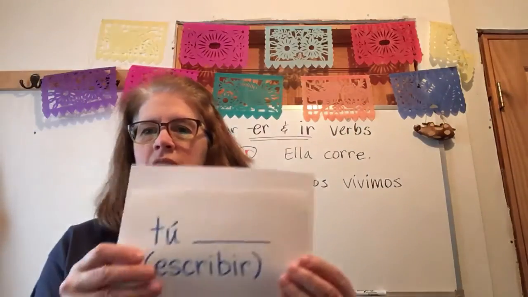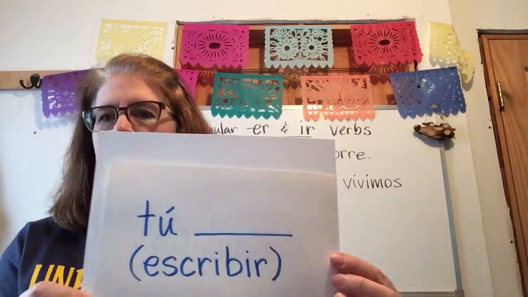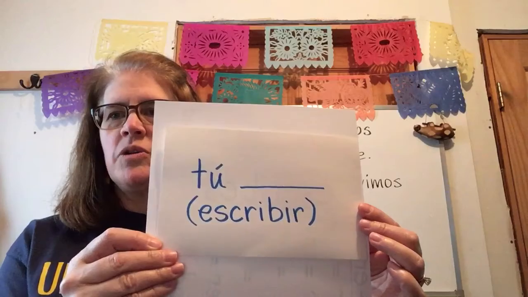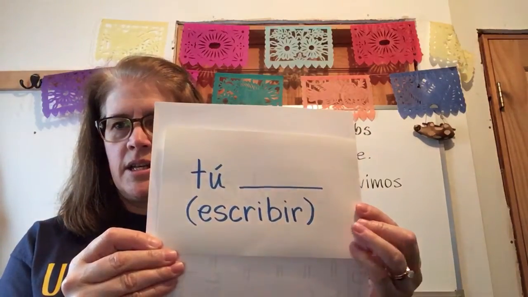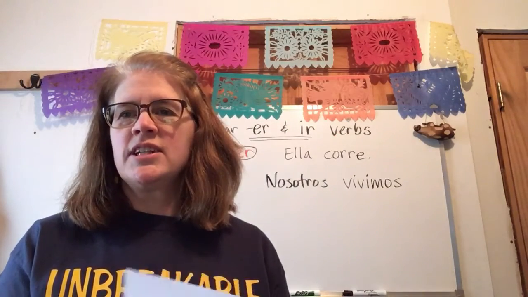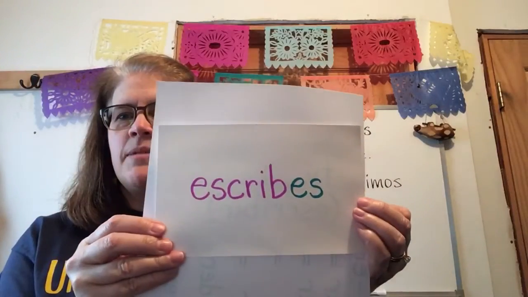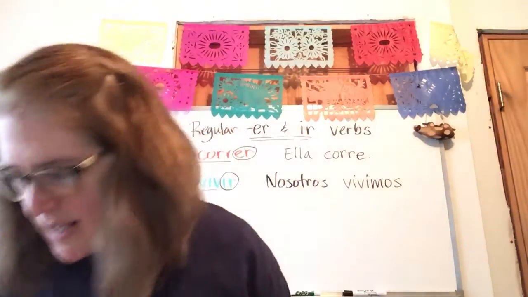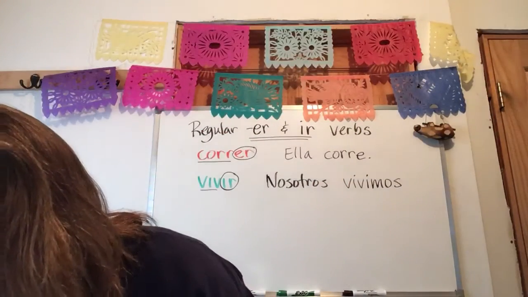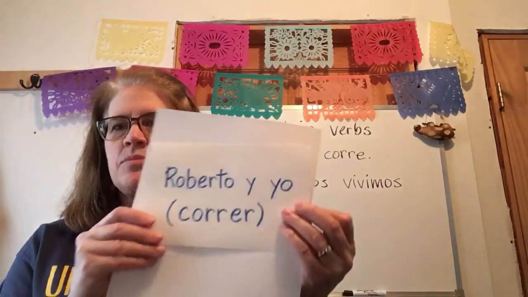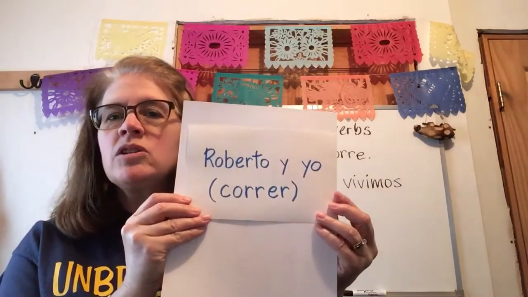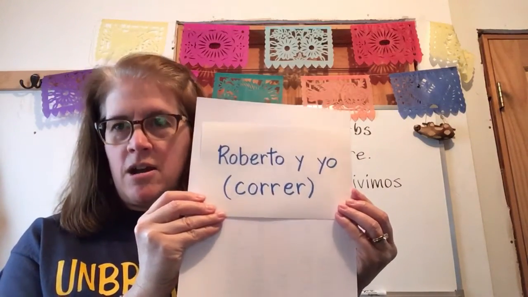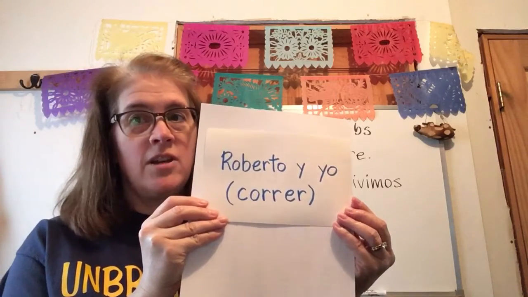Okay, here's another one. All right, give me the tú form of escribir. Pause while you write your answer. Correct answer is escribes. Stem, ending. Muy bien, muy bien. Número 3, por favor. Roberto y yo. And it's the verb correr. Pause and write your answer.